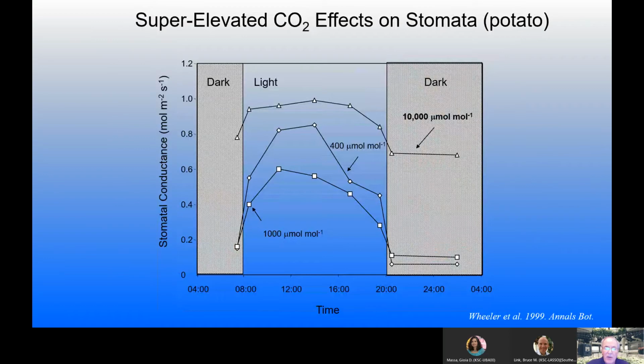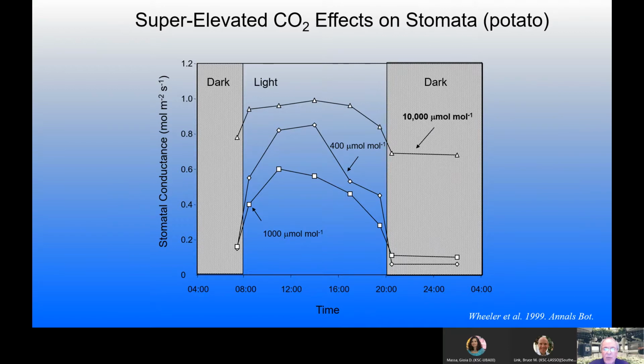And just as an example of what can happen, and this was unexpected, if you do expose plants to very high CO2 levels, in this case 10,000 parts per million, this shows a measure of stomatal conductance. These were potato plants through a light-dark cycle. So conductance is plotted on the y-axis, and then the time of day on the x-axis.